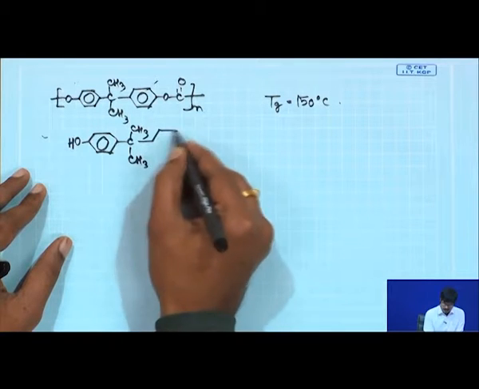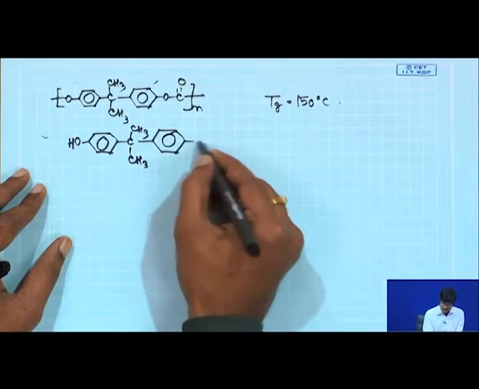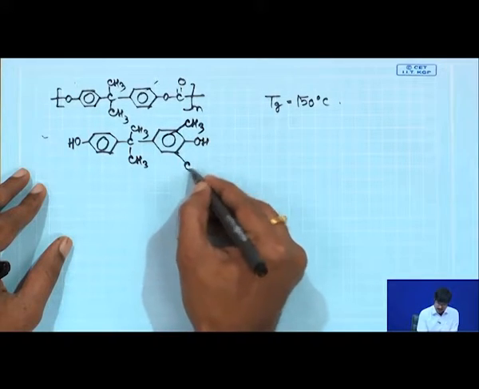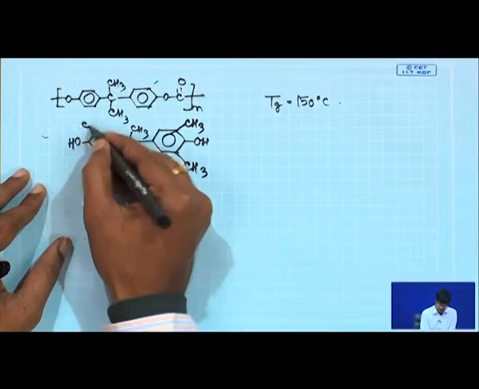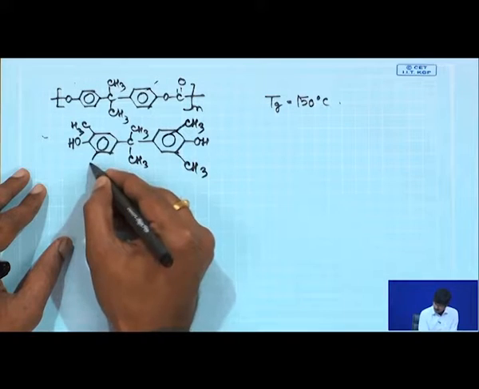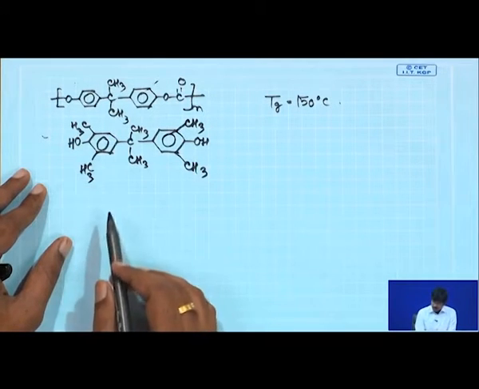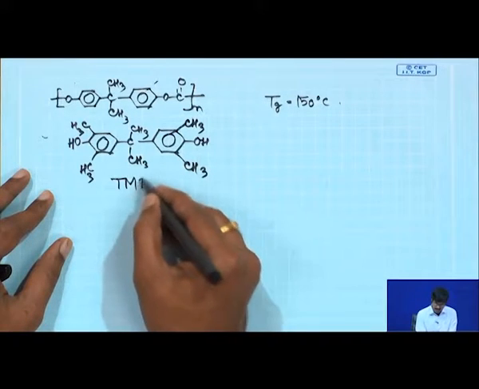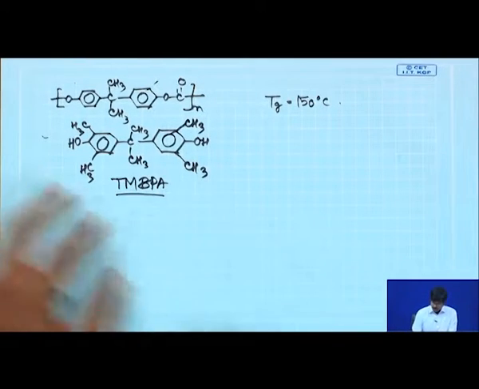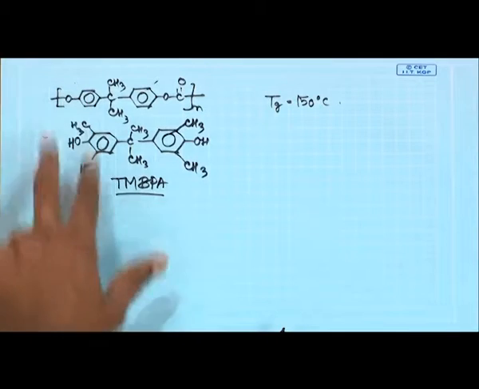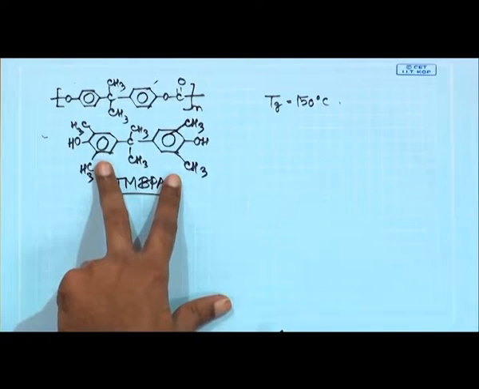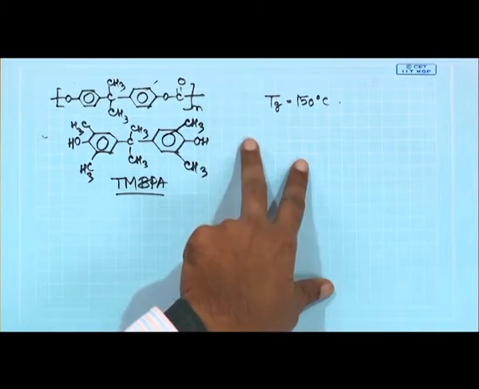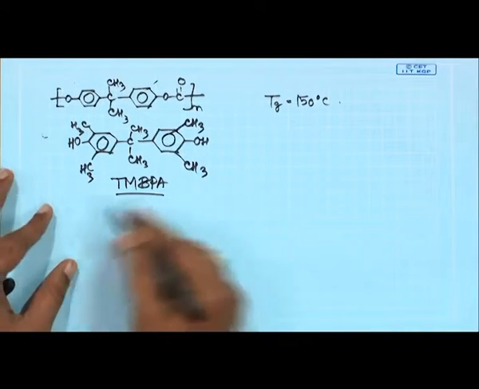So, this is your bisphenol A, and you substitute with 4 methyl groups. So, this will be tetramethyl bisphenol A, or I am just writing this down as TMBPA. So, if you react this tetramethyl substituted bisphenol A with your carbonyl chloride, then what you will get?